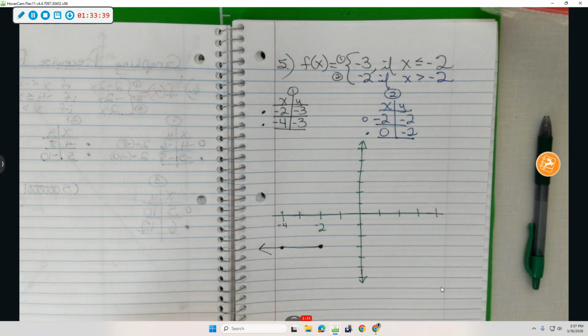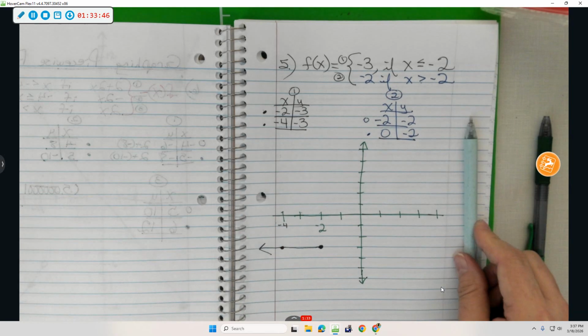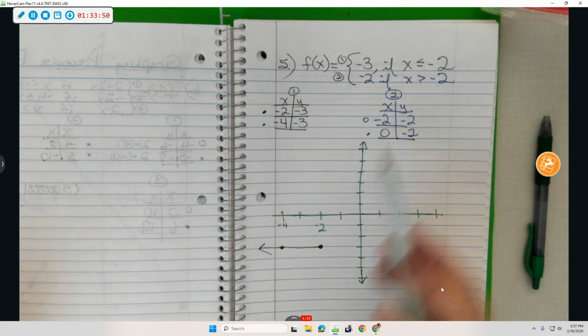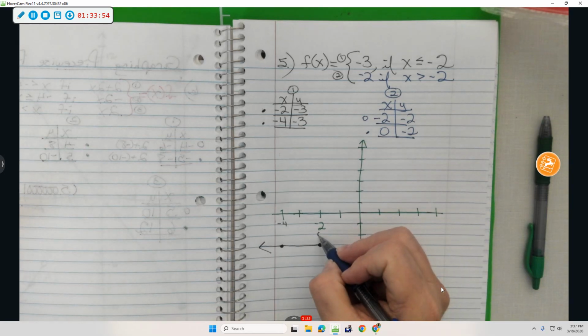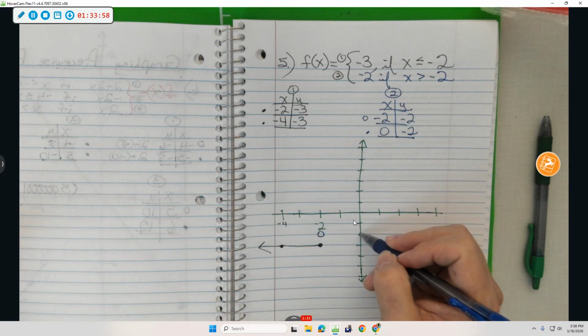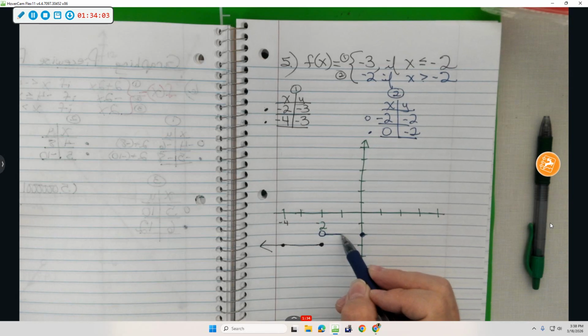With regards to arrowheads, you can only have one arrowhead on the leftmost and one arrowhead on the rightmost. So now the blue piece. We go to -2, -2. That's an open circle there. Then 0, -2. The graph starts at that open circle and it goes to the right.